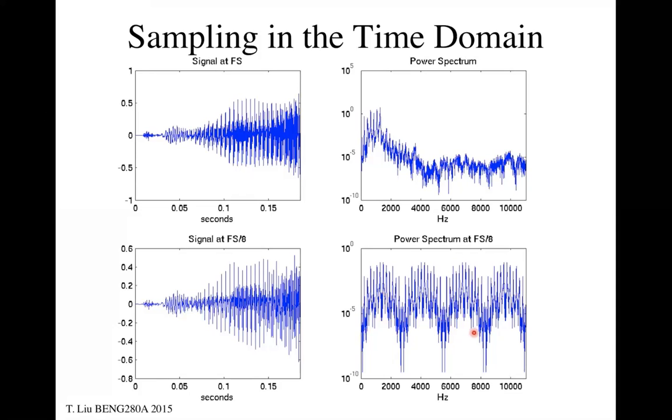This is what happens when you're undersampled: information out at higher frequency wraps back into the lower frequencies, and you can only plot a finite bandwidth. This bandwidth is entirely determined by the rate at which you're sampling, or the delta t of your samples.